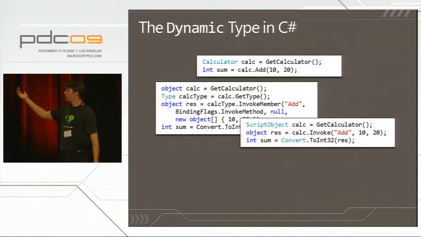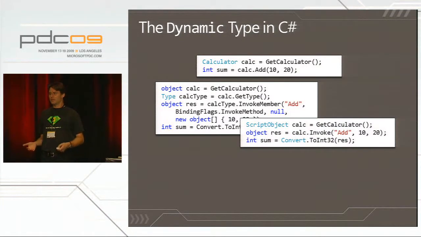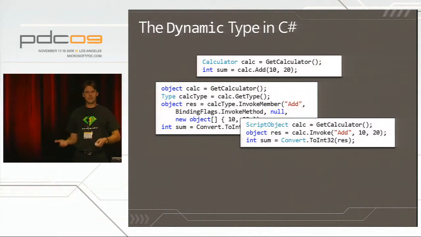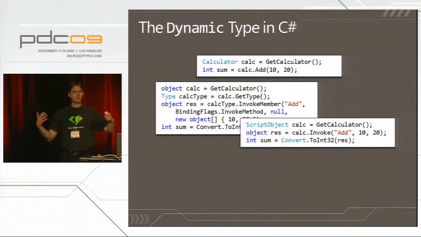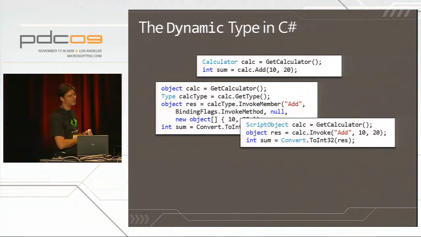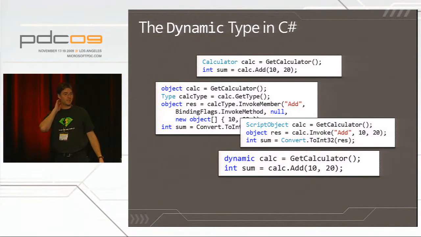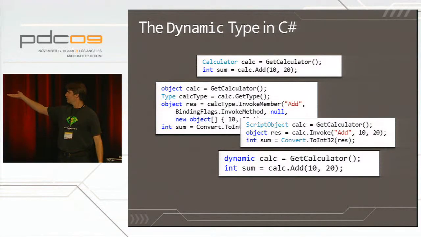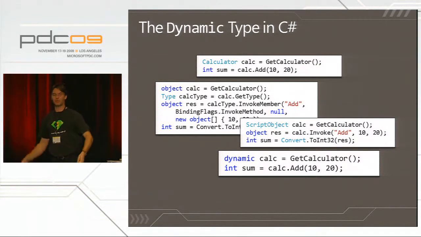Then if you have other object models out there, let's say we have script objects from JavaScript or something, they would have a similarly untyped and ugly way of interaction, but different. So you even have to do different things to call methods on these different unsafe dynamic platforms, and that's kind of horrendous. So the idea with C# dynamic is simply to say, hey, let's give calculator the type dynamic, and let's allow you to just call that method on it. The compiler's going to say, I don't know what you're doing, but it's dynamic, so I don't care.